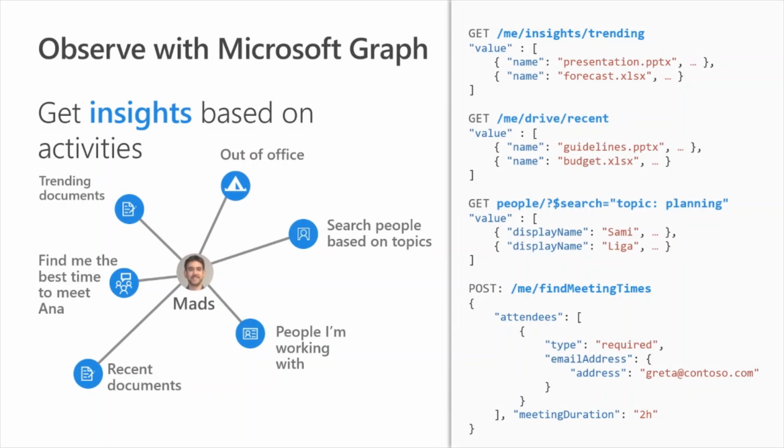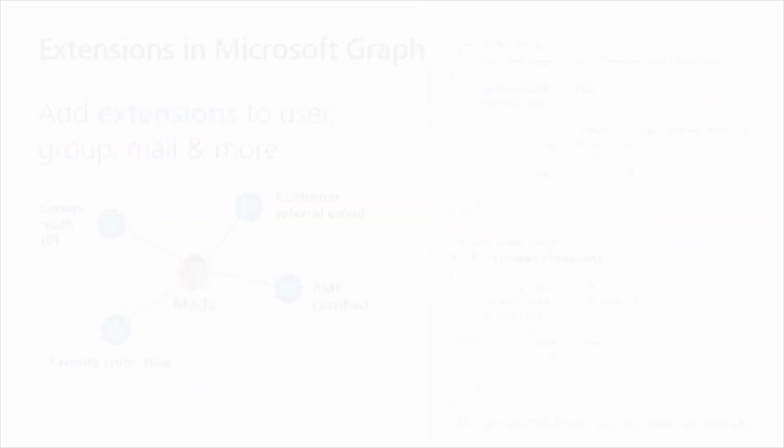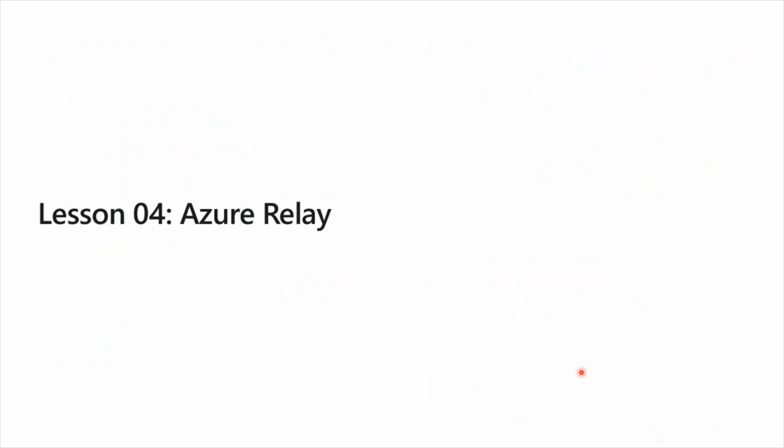So you can get a lot of information like this. You can get the subscriptions and notification changes, extensions in Microsoft Graph. So basically Microsoft Graph is really useful, and custom properties, to extract custom properties as well. Microsoft Graph resources without requiring an external data source.